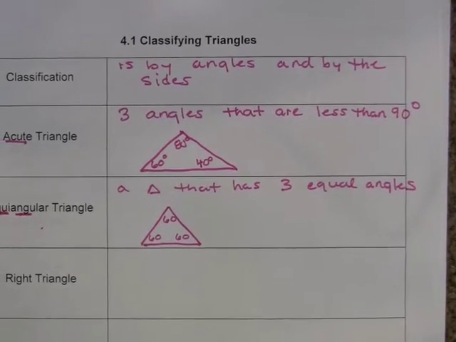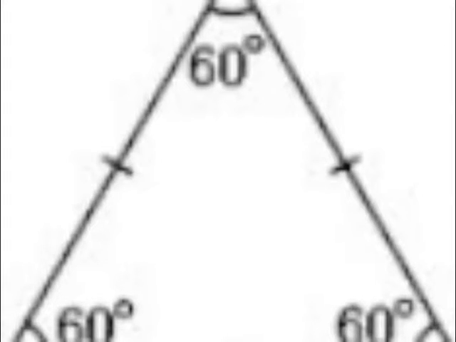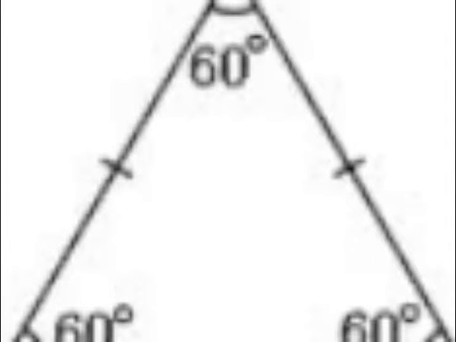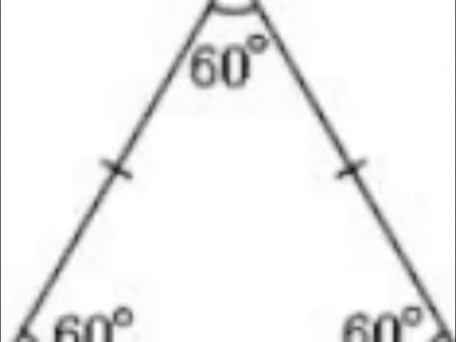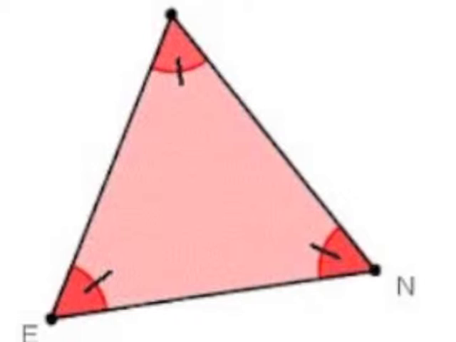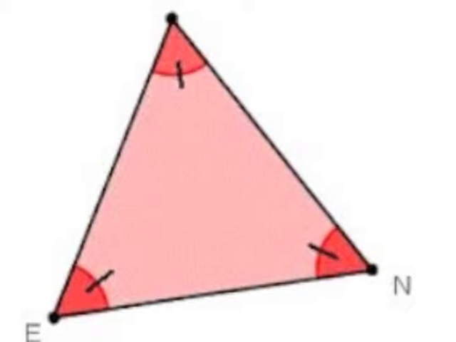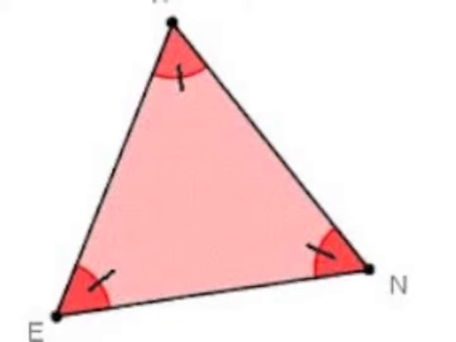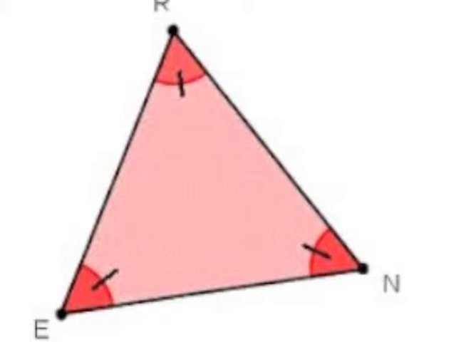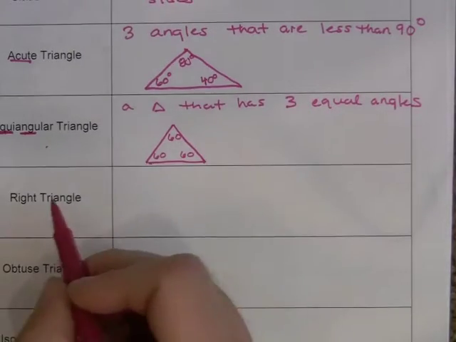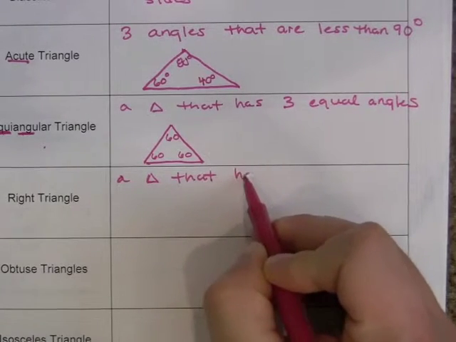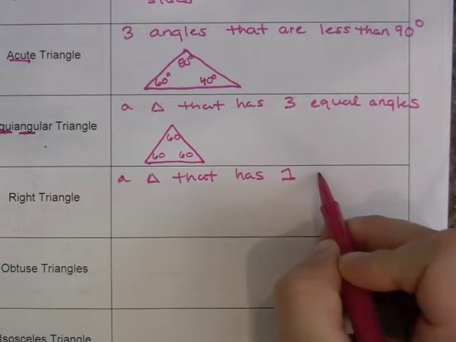The next triangle is a right triangle. A right triangle is a triangle that has one right angle.